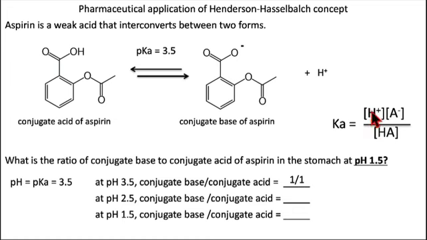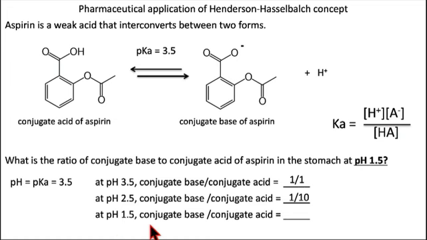If you add 10 times as many protons, the only way you can remain a constant value is if A- over HA decreases tenfold. It's the only way you get a constant value. Not only do you have more conjugate acid, but you have exactly 10 times.